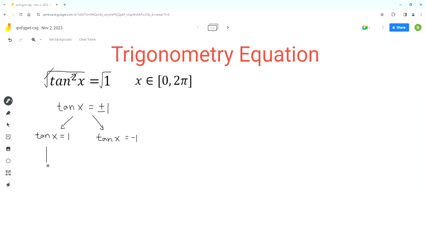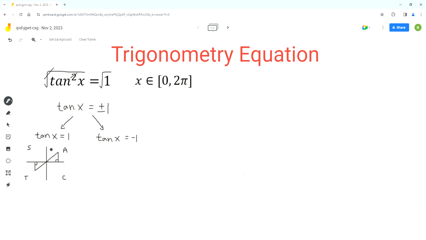So if I draw the quadrants and label them C, A, S, and T, so tan is positive in quadrant 1 and quadrant 3. Now we have to find the value of x in quadrant 1 and quadrant 3.